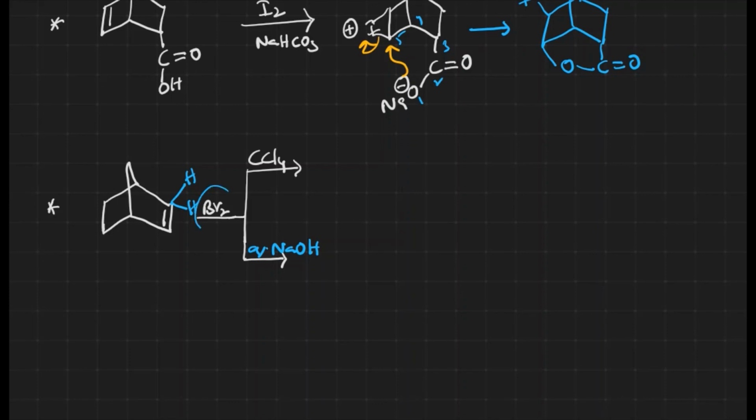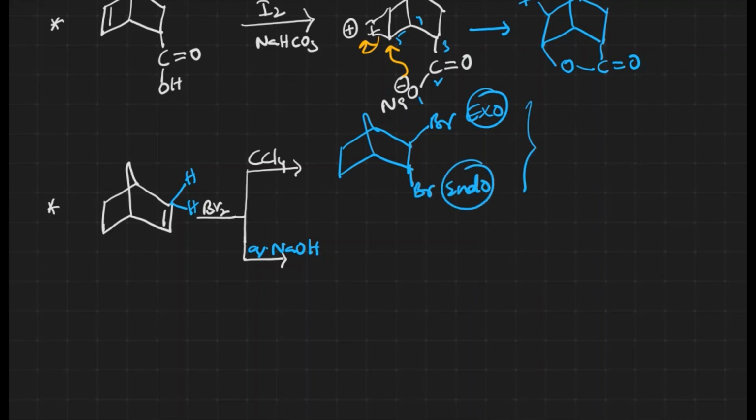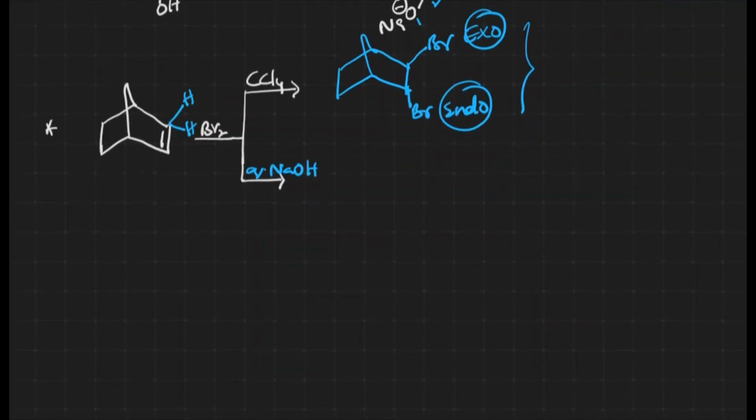The negative part of the reagent is going to be bromide ion. Only the bromine addition product takes place over there. This is exo, this is endo. This indicates that anti-addition has taken place in the reaction.